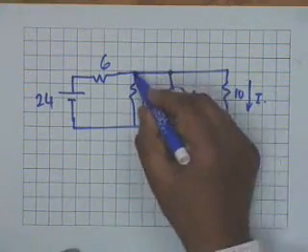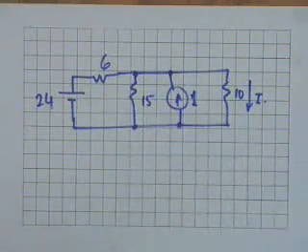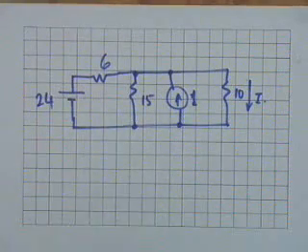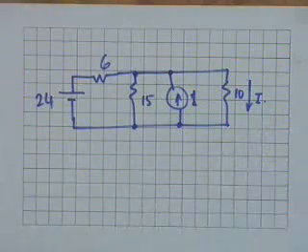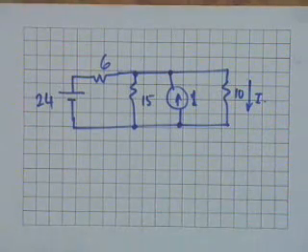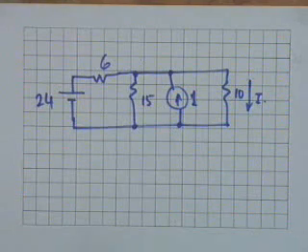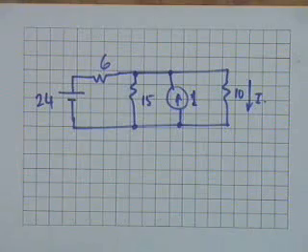We have solved this network earlier, perhaps in the tutorial class also, to find out the current I by various methods: branch currents, loop method, nodal method, and so on and so forth. Now by source transformation you will see that we don't have to write any equation.